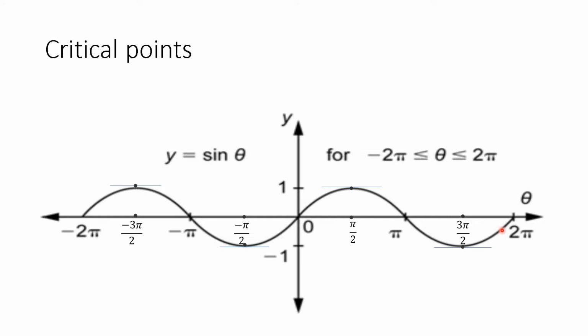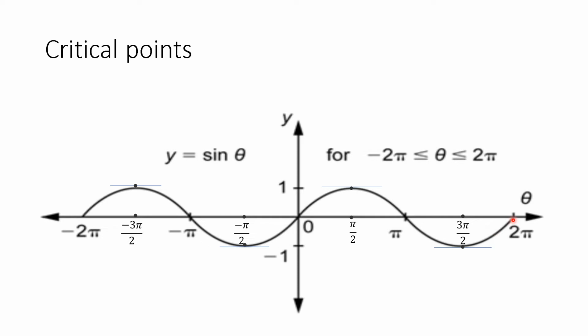So now let us list out the critical points in the graph between minus 2 pi to 2 pi. See here: minus 2 pi, minus 3 pi by 2, minus pi by 2, 0, pi by 2, pi, 3 pi by 2, 2 pi.